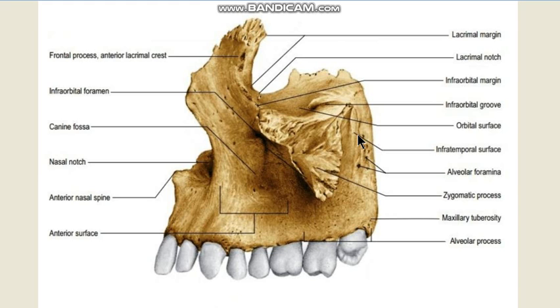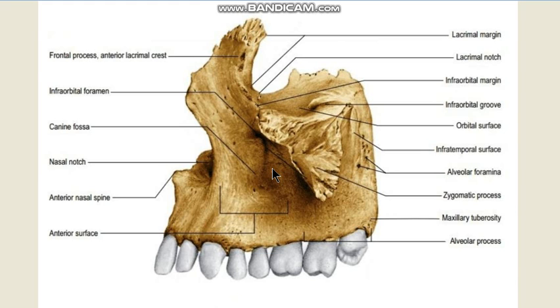You have a posterior surface of the body which actually forms part of the infratemporal and the pterygopalatine fossa. You have a superior surface or orbital surface of the body, and you have a base or a nasal surface of the body. So apex, zygomatic process, base, nasal surface, anterior facial surface, posterior infratemporal and pterygopalatine surface, superior orbital surface.